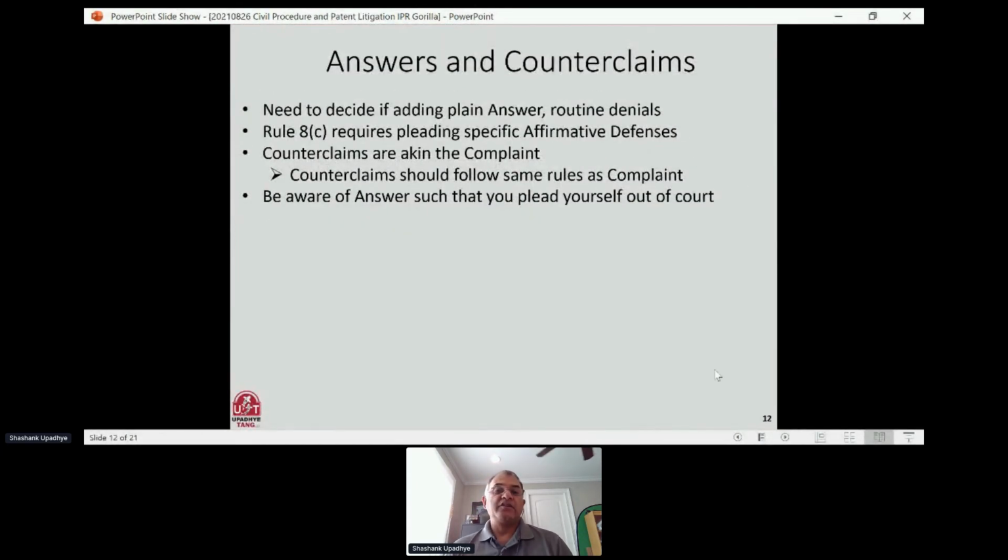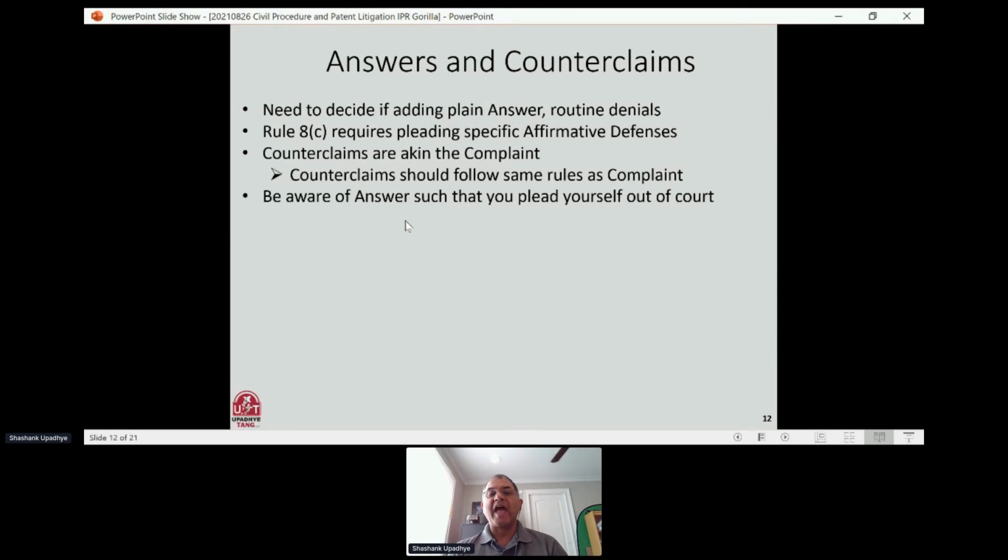So in an answer and counterclaim, as we move on, you need to decide if you're going to be adding a plain answer with routine denials. Rule 8(c) requires you to plead with certain specificity. And then you have to decide, are you going to include counterclaims? You could include defenses that say, I don't infringe or the patent is invalid.